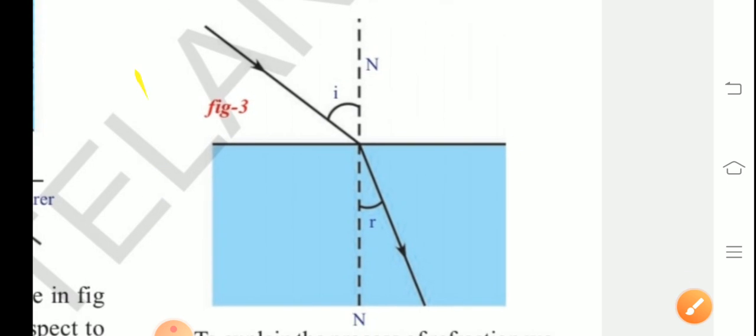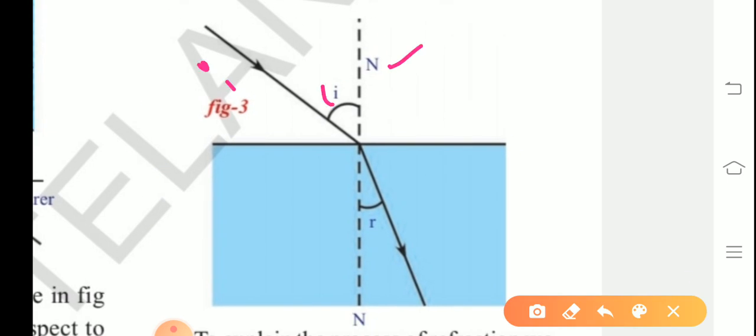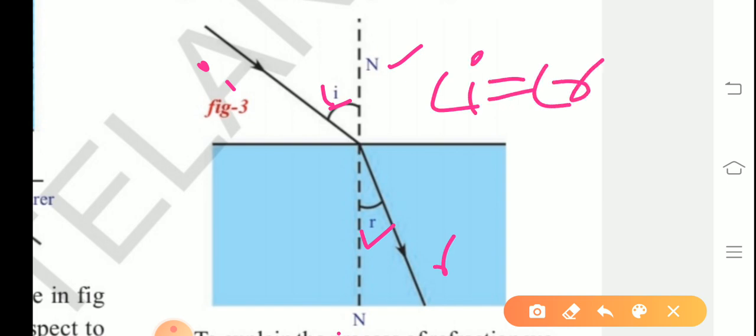So here the angle between the normal and the incident ray is called angle I, and the angle between the normal and the refracted ray is angle R. You know, according to the laws, in reflection angle I is equal to angle R. That is always possible in reflection. In refraction also sometimes it is possible, not in all cases.